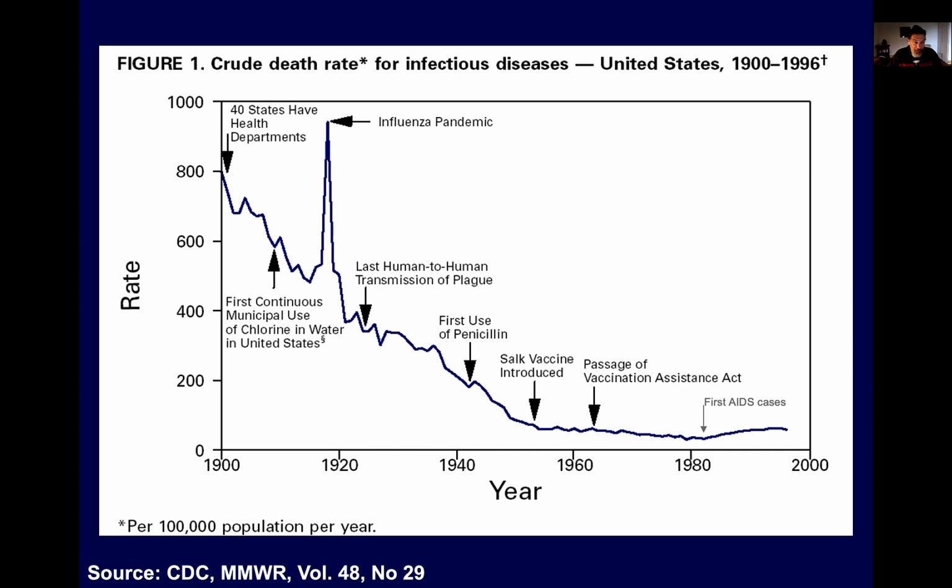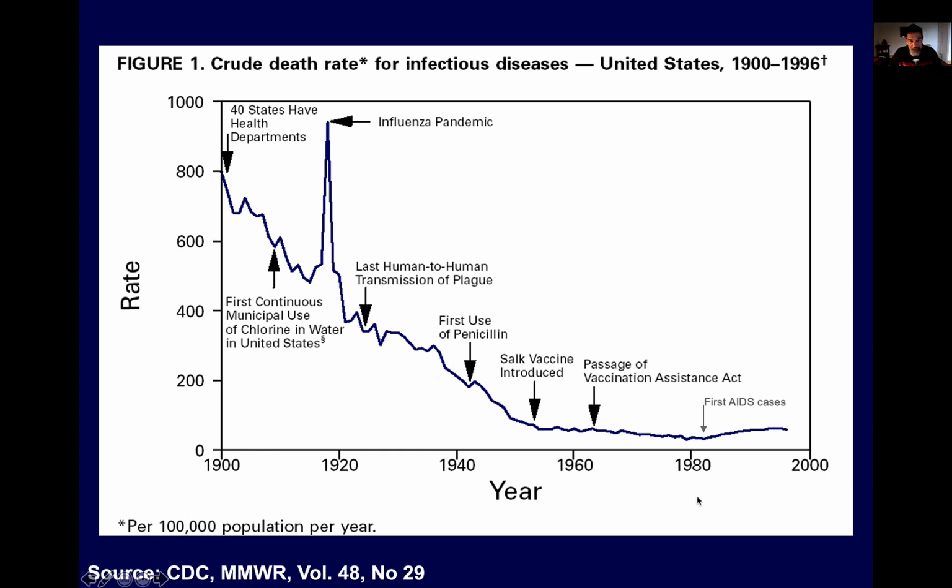These are the things that we think of as public health impacts and achievements over the course of the 20th century that really brought down the death rates. You can see that health departments were established in the early 1900s in most states, and chlorination of the water supply around the US as well.